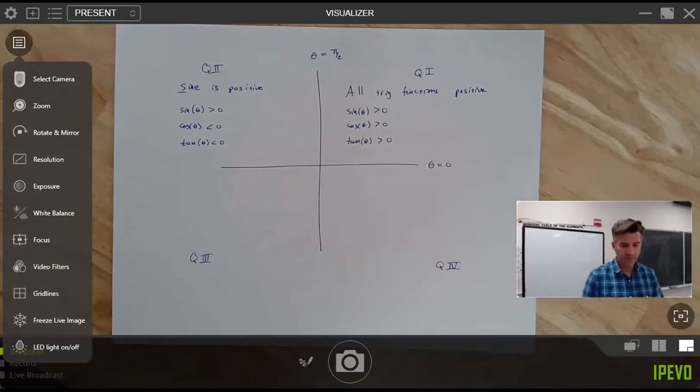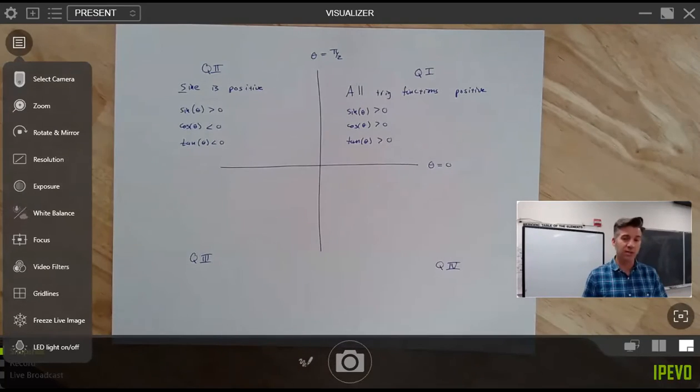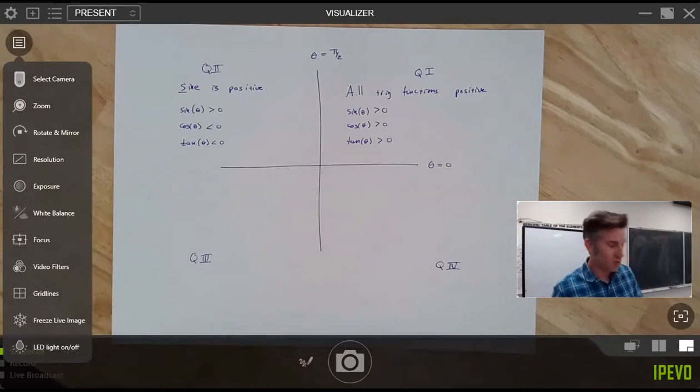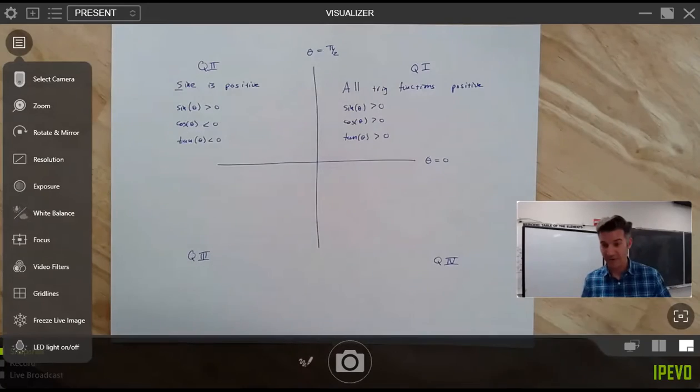Now, there's a reason for this that we haven't quite gotten to yet. It has to do with the unit circle and the next way we define the trig functions, but I want to leave that for the next class and focus on this. So yes, you might ask, why do we know cosine is negative and tangent is negative? I was trying to avoid answering the question then, right?